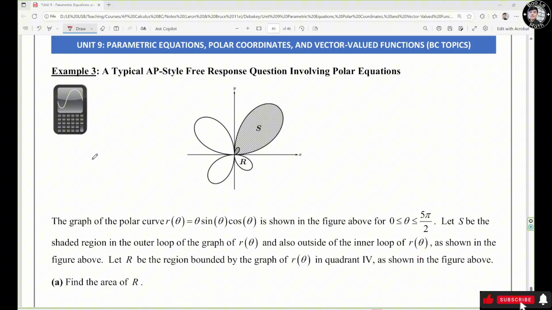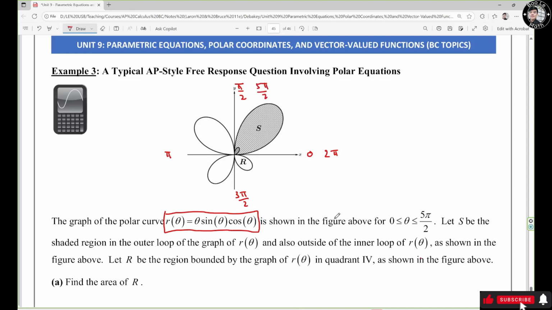Now let's move on to example number 3. This one is the AB style free response question. The graph of the polar curve r of theta equals theta times sine theta times cosine theta is shown in the figure above, for theta from 0 to 5 pi over 2. This one is 0, pi over 2, 2 pi over 2 which is pi, 3 pi over 2, and this is 4 pi over 2 which is 2 pi, and go back over here, it's going to be 5 pi over 2.